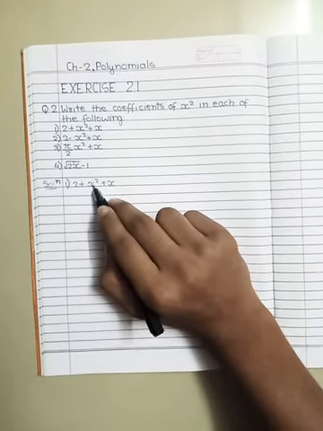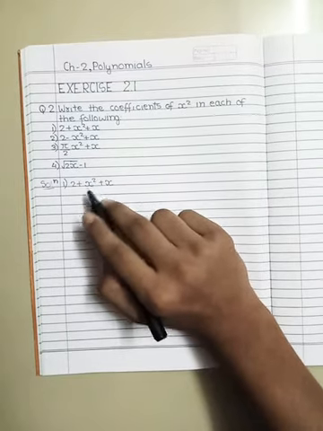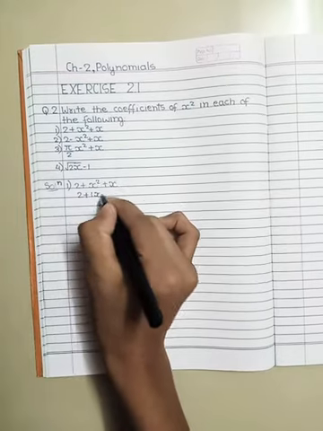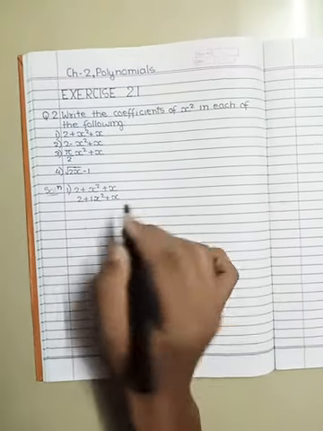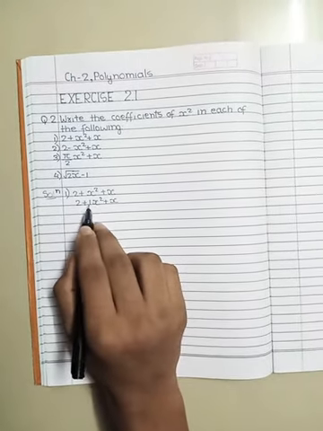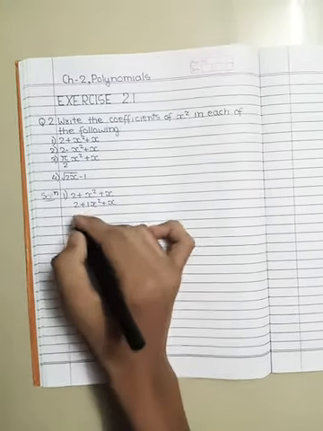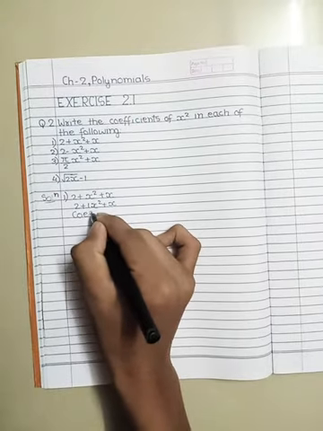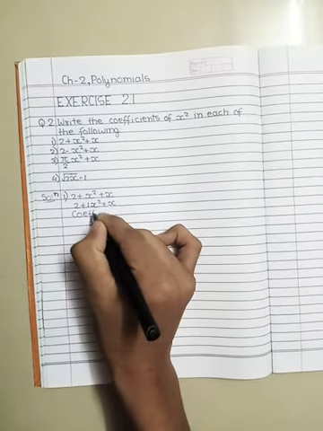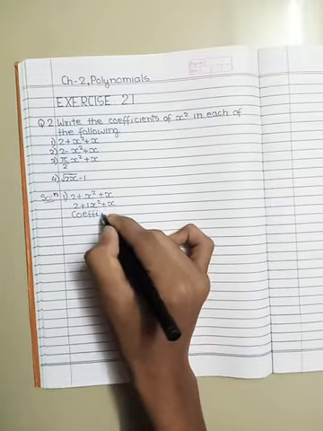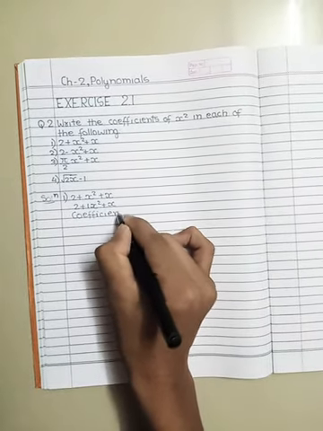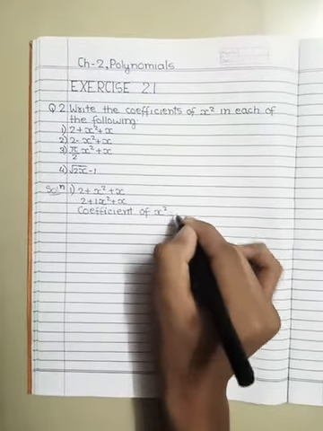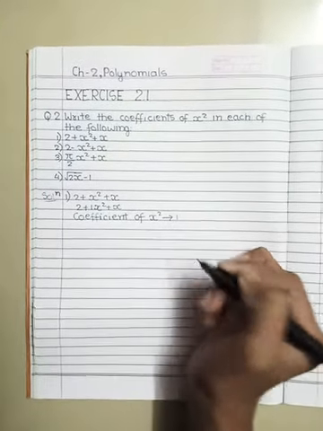So here x square multiplied by 1 will be x square only. So we can write it as 2 plus 1x square plus x. So the coefficient by which x square is multiplied is 1. So I will write that coefficient of x square is 1.